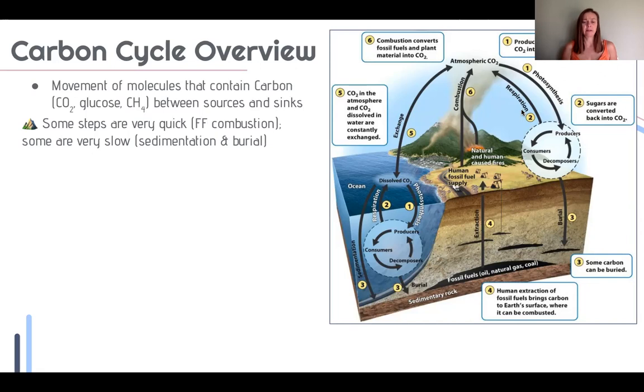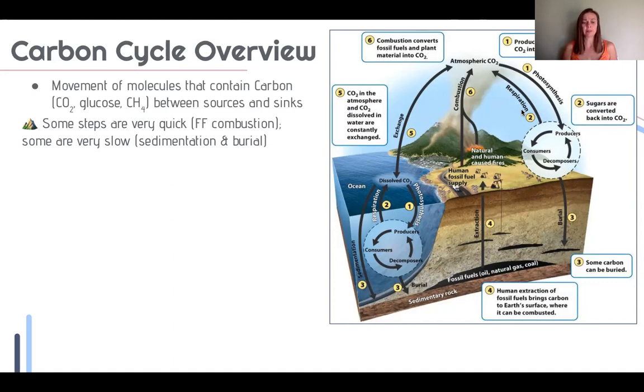You guys see on the left-hand side of your image there, we also have a cycle that's going on in the ocean. So carbon dioxide in the atmosphere and carbon dioxide in the ocean are in equilibrium. There's constantly carbon dioxide dissolving in the ocean, but there's equally constantly carbon dioxide coming out of the ocean.